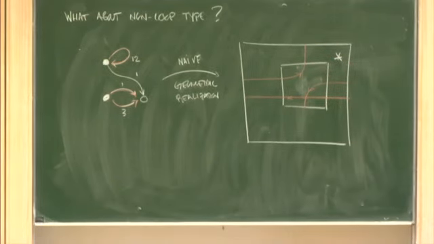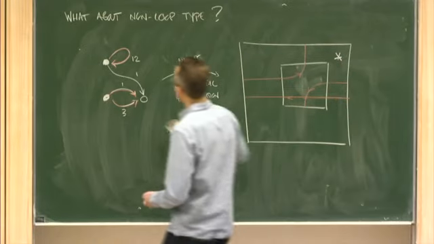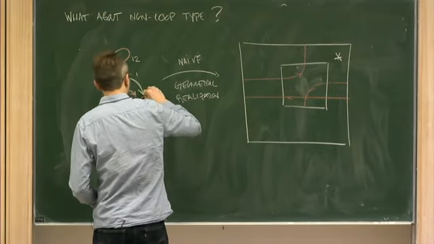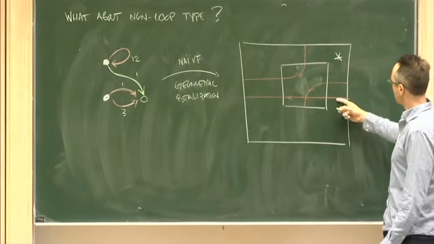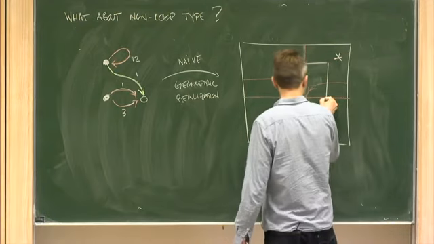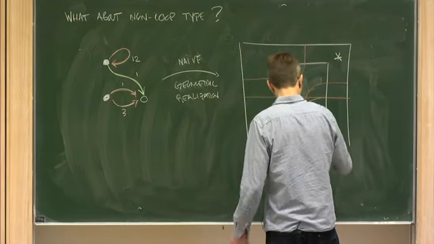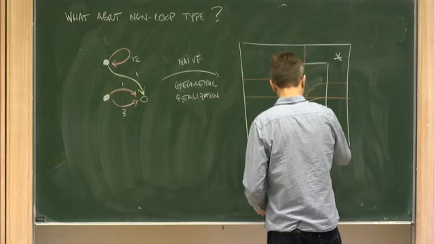But then, if I switch to green, I could also add another one. I want one that's going from this loop to this loop. So that should be that guy here.